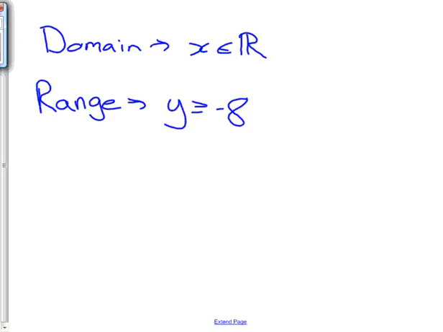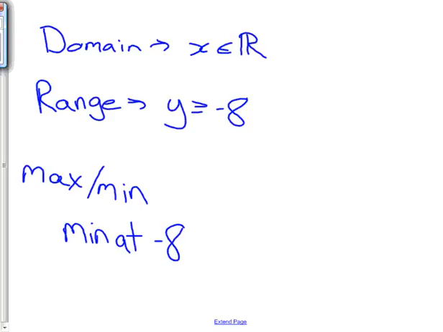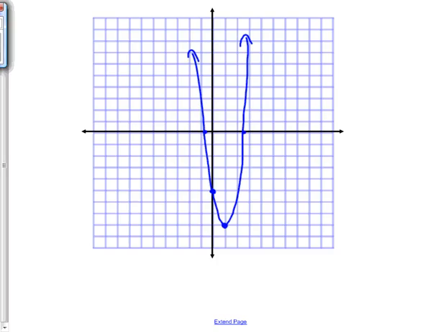What about max and min? Is it concave up or down? Up. Minimum at where? What's our q?